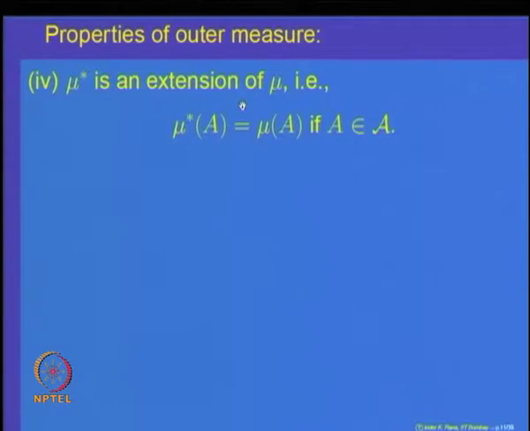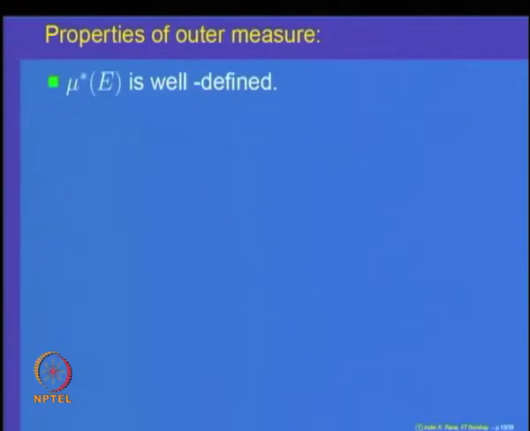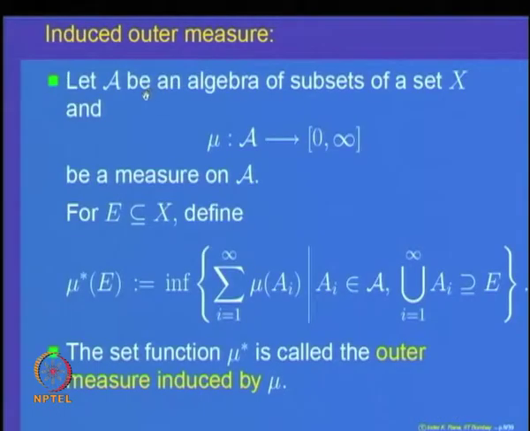So, what we have shown is that mu star is indeed an extension of mu. Let us go back and have a look at what we have done. We started with a measure mu on the algebra A. Measure means mu of the empty set is equal to 0, and mu is countably additive. We are trying to extend it.